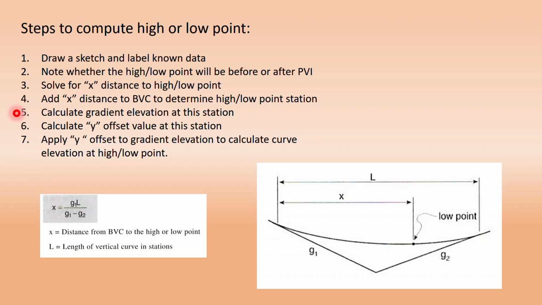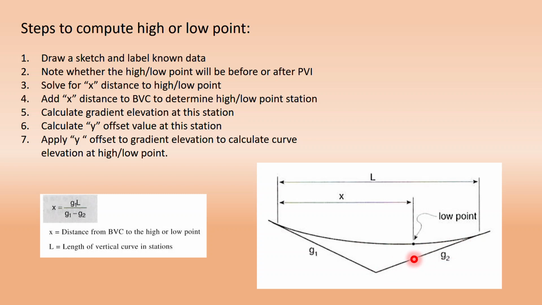Then you're going to repeat the steps that we already looked at. It's the identical calculations. Once you know the station that your high or low point occurs, then you need to compute the elevation of your gradient line at that station, and that's just the elevation along that straight gradient line between your PVIs.